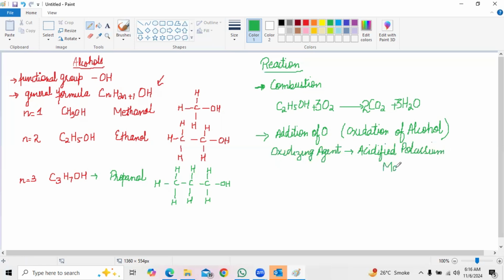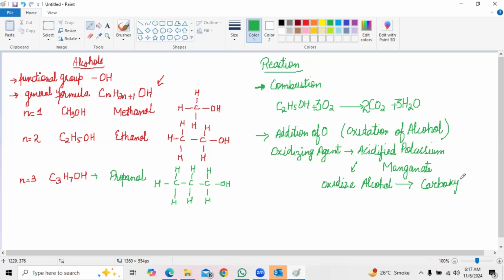What is the purpose of using acidified potassium manganate? It basically acts as an oxidizing agent. Its purpose is to oxidize others and reduce itself. So it is going to oxidize alcohol and it would be converted into carboxylic acid.